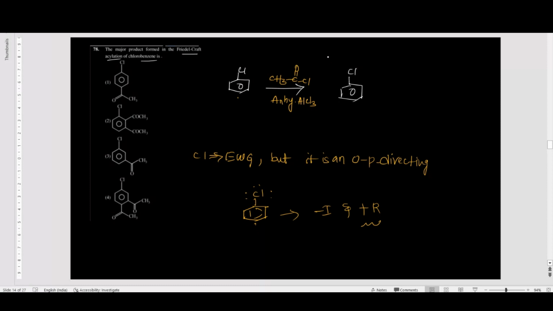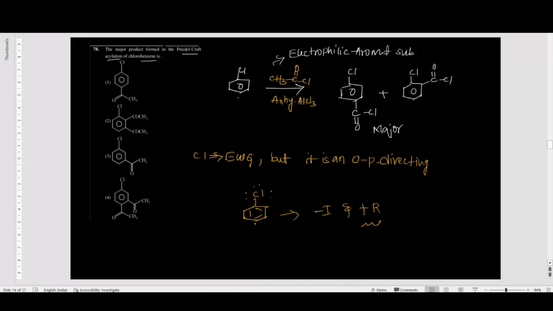Cl, you'll get this C double bond O, Cl, and one more product will be the ortho product, but they are asking for the major product, right? Here, due to steric hindrance, it's not the major product. Para is the major product. This undergoes an electrophilic aromatic substitution reaction.